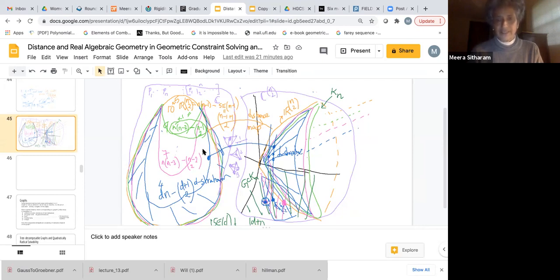Essentially, they coincide when the domain is the real numbers, and the image in both cases is the real symmetric matrices, or if you think of it as real distance vectors.